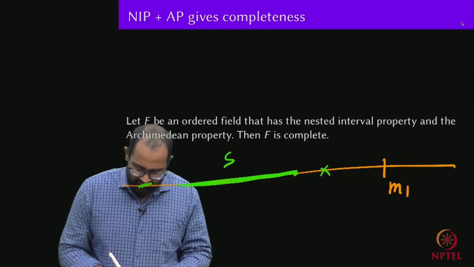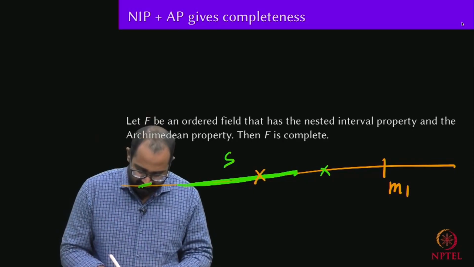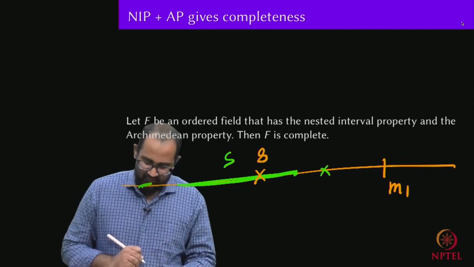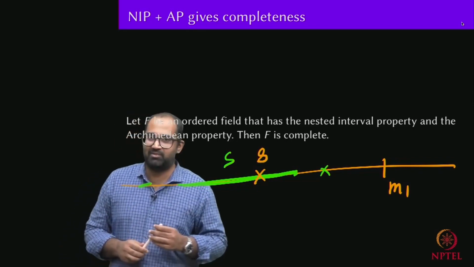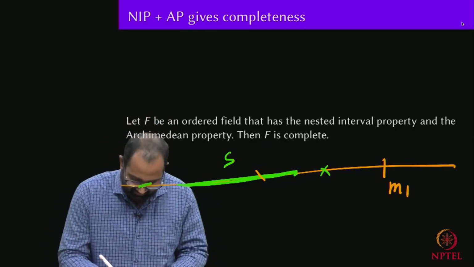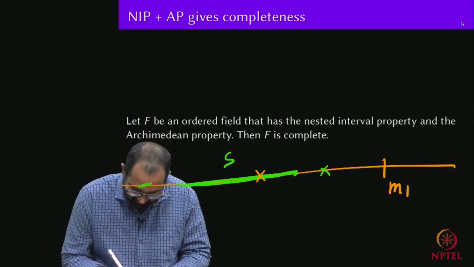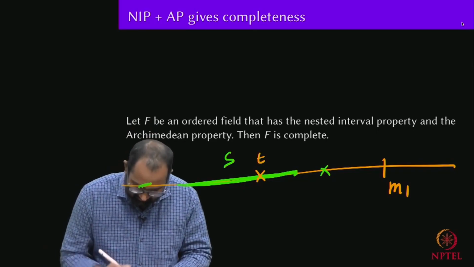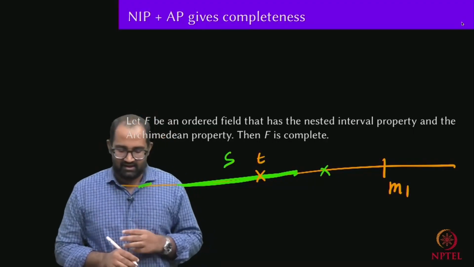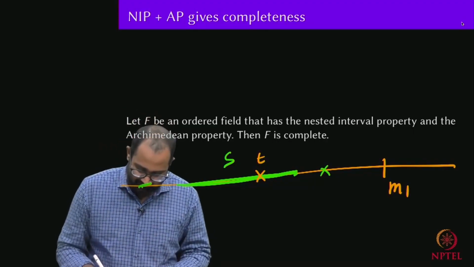So I mark out a point, let's say S. Maybe I should call it cursive S, because otherwise you will not be able to distinguish it from the capital S. Maybe I will call it T. Take an element T that is coming from the set S and take an upper bound that is M1.